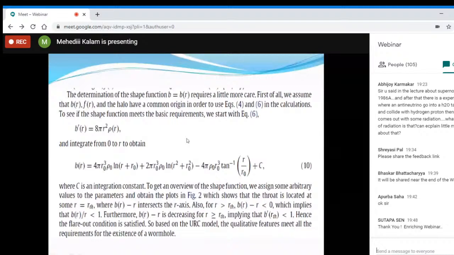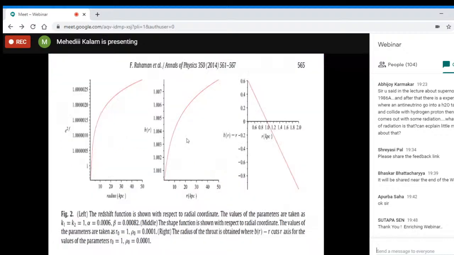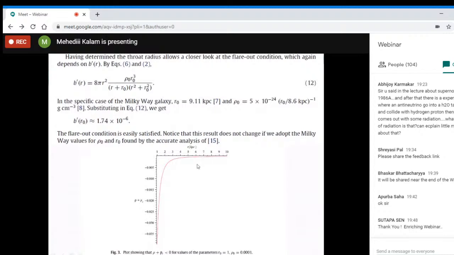And by taking this URC dark matter density profile and applying it to the Milky Way galaxy, they proved that it can construct a wormhole. This is the b minus r plot. This r0 is the throat radius, 1 kiloparsec. And it also violates the null energy condition.